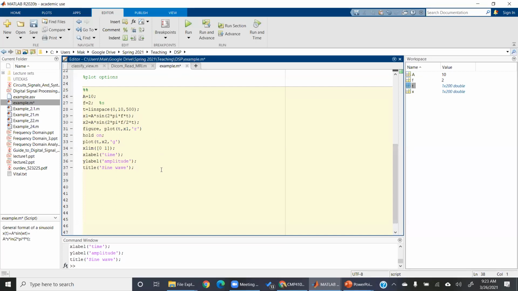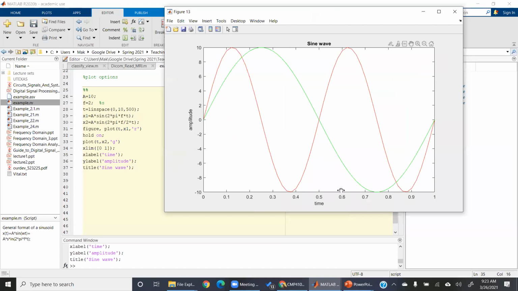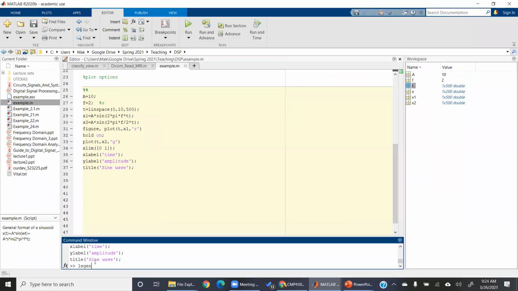All I have to do is use hold on. So if I run this section now, you should have two signals. And you can even put a legend. Help legend.